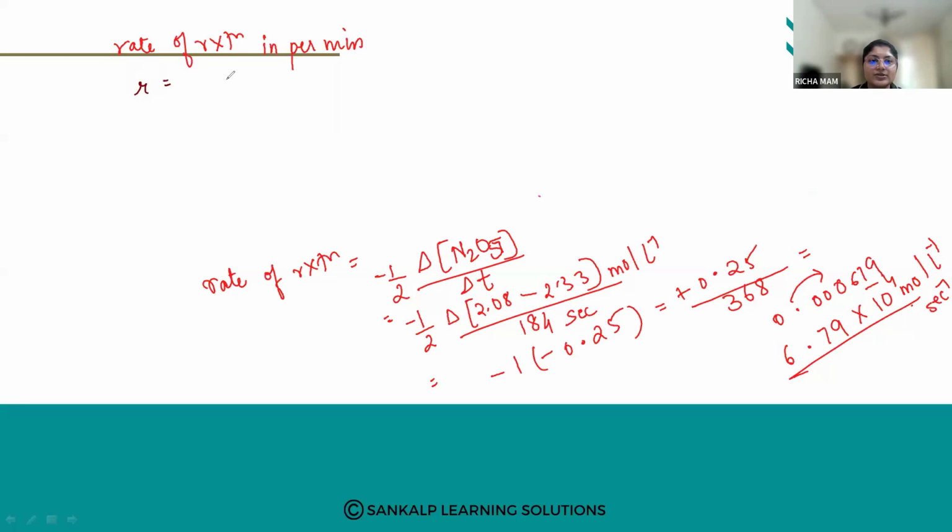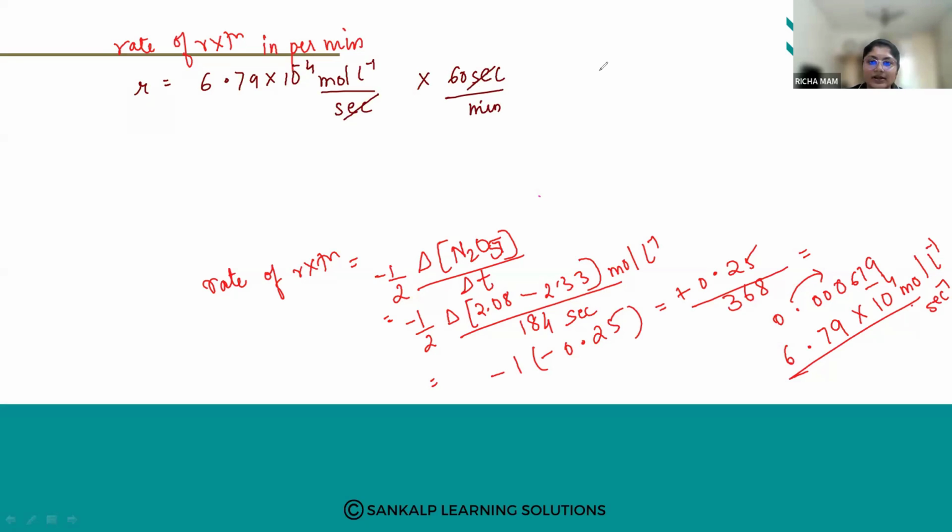So rate is equal to 6.79 into 10 raised to minus 4 mole per liter per second into per minute, which is 60 seconds. Okay, 60 seconds is 1 minute, so second and second get cancelled.